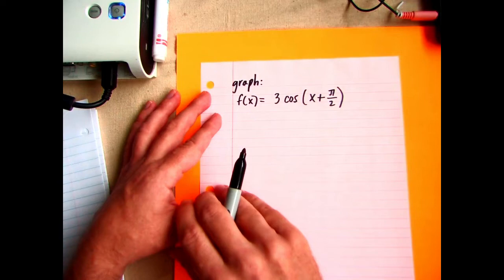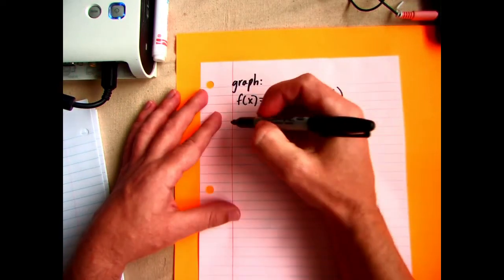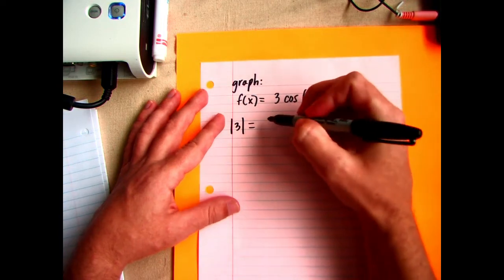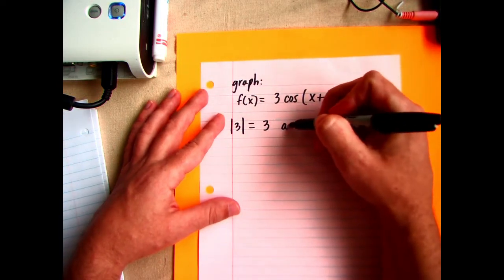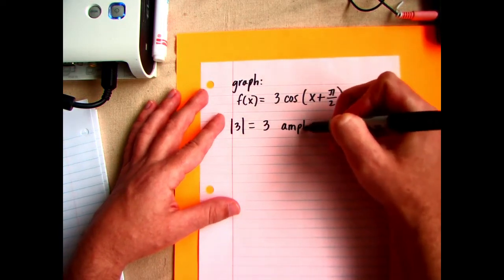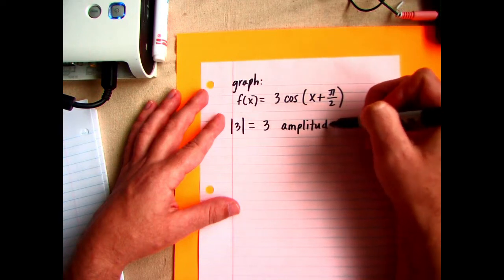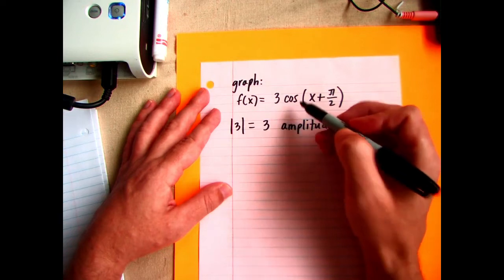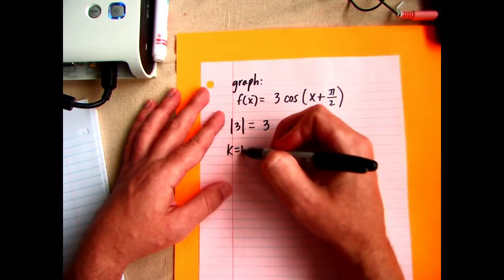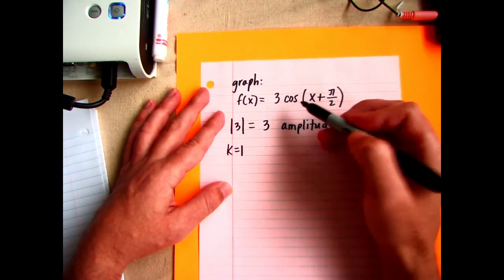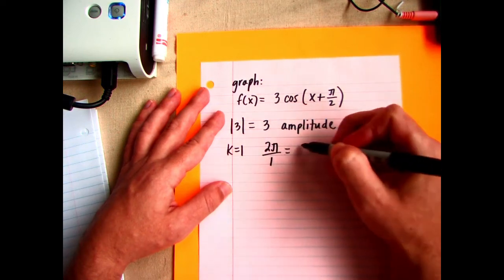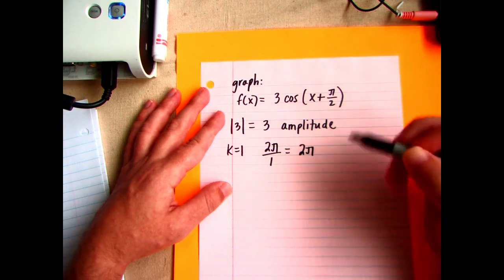Alright, so here's an example. Let's first identify our key characteristics. So first, absolute value of 3 is 3. That is the amplitude. Trying to identify what K is. Well, K here is 1. There's no number written there, but it's implied that K is 1. So 2 pi over 1 is 2 pi.